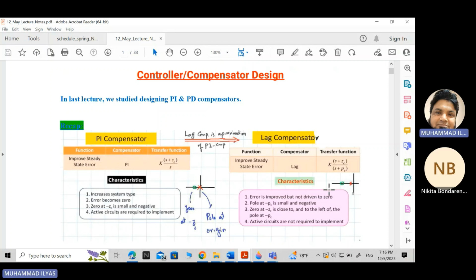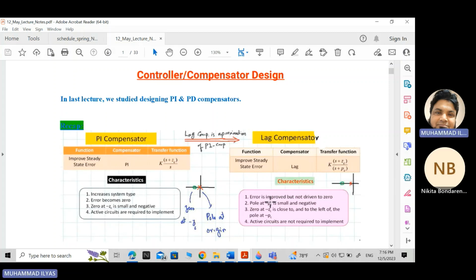But in the lag compensator, we do not choose the pole exactly at 0, but very near to 0, and then on the left side we choose a zero, which is also near to the pole.